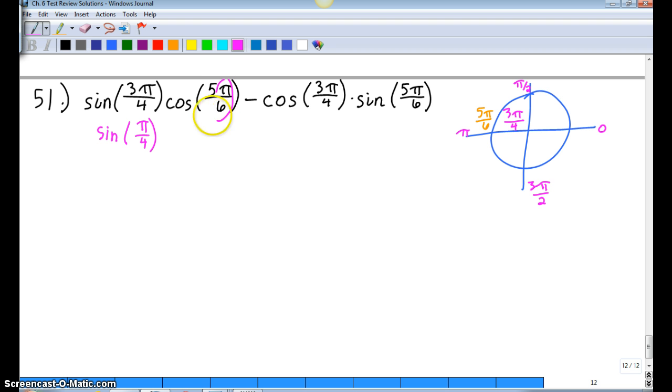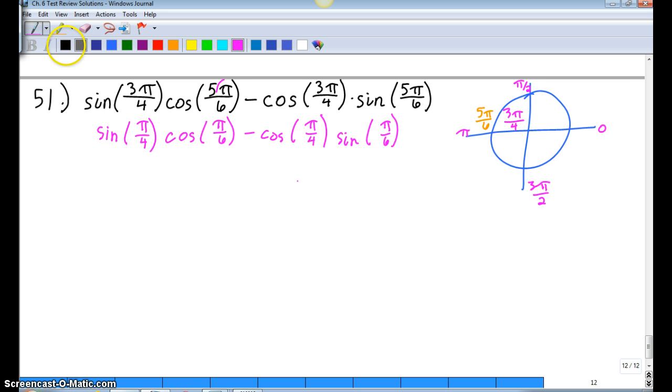Here it's pi over 6, our reference angle. So once we have sine pi over 4, cosine of just pi over 6, and then cosine of pi over 4 sine pi over 6, then we can also evaluate the sign.